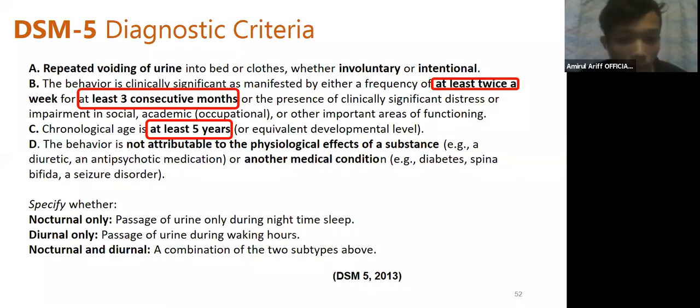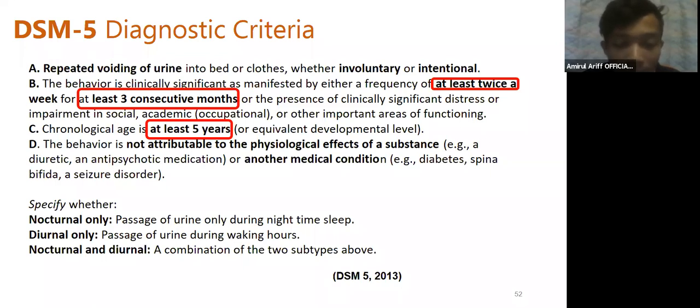Next. This is the diagnostic criteria from DSM-5. First is repeated voiding of urine into the bed or clothes, whether involuntarily or intentionally. Next, this behavior is clinically significant by frequency of at least twice a week for at least 3 consecutive months.